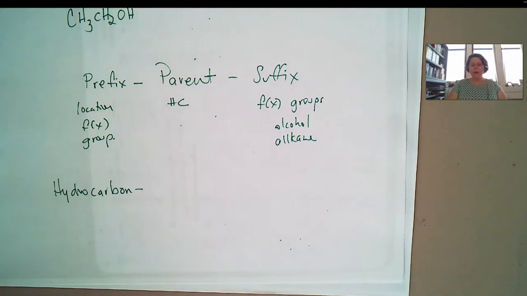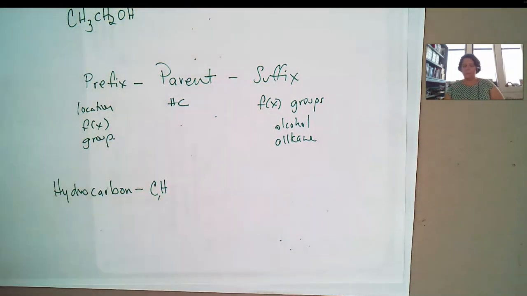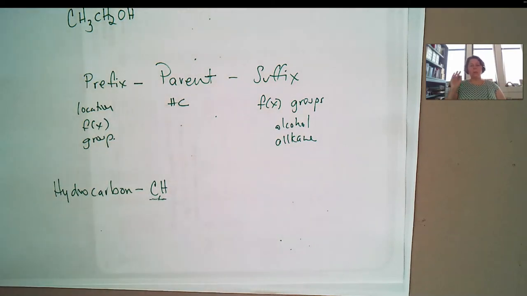Hydrocarbons only contain carbon and hydrogen. That's it. So when we talk about the hydrocarbon economy or anything like that, it only contains these two elements. When we talk about organic compounds, do you remember that from the first lectures? If not, look it up. But hydrocarbon just means that it contains carbon and hydrogen only.